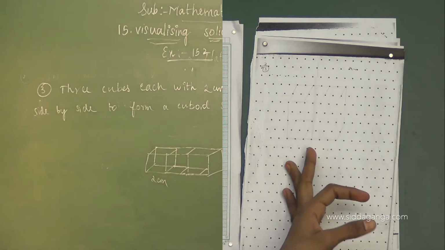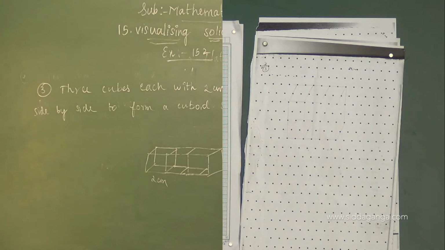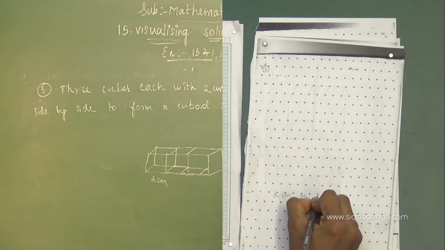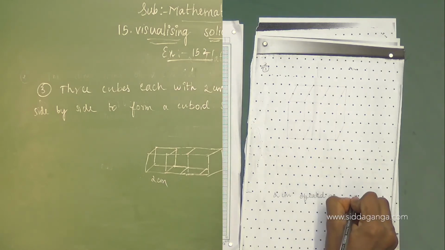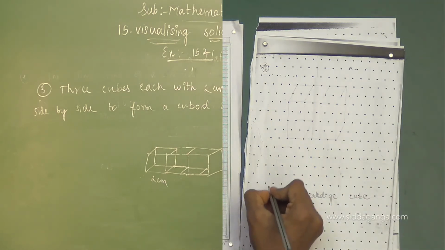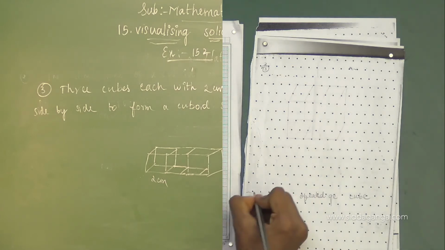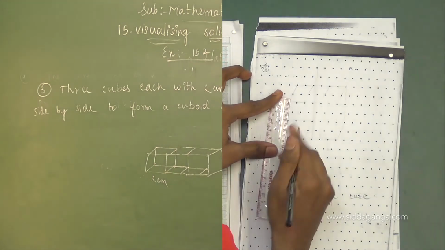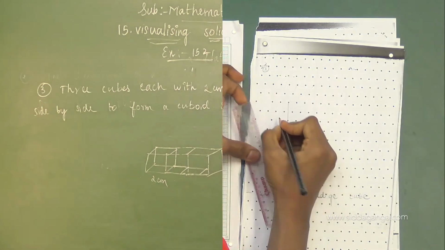See here children, this is isometric dot paper. Here what they are telling, we have to represent a cube with 2 centimeters of each edge. Firstly we have to draw a cube with 2 centimeters of each edge. That is first.